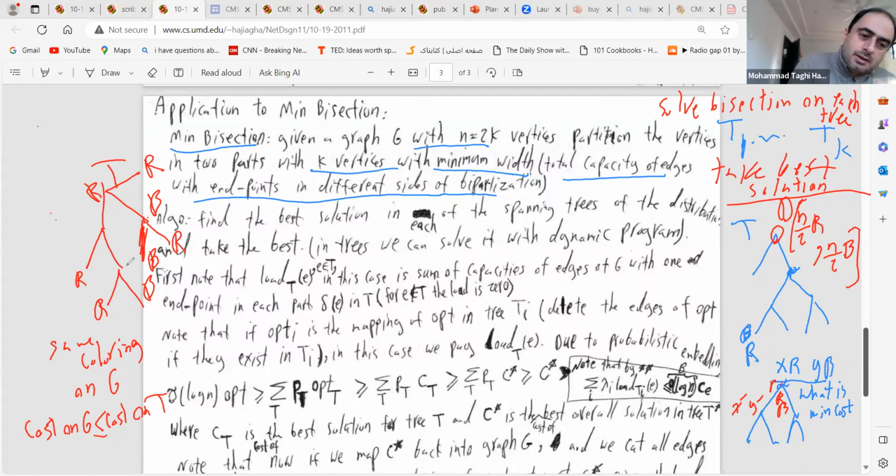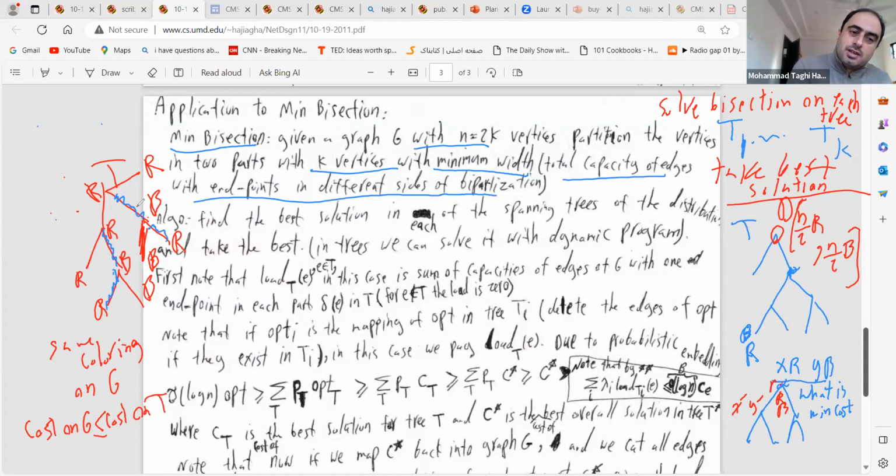For example, oh, this was another one that I forgot to put as well. Say this is red and this is blue. Here, these are the edges that you are essentially cutting. A red, blue edge is one that you need to cut. This is the one that you need to cut, this is the edge that you need to cut, and this is the edge that you need to cut.